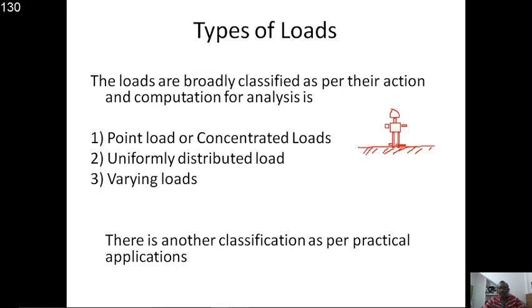Let us say he is a 50 kg person, and that has to be converted into force. This person has a mass of 50 kg. In terms of weight, it is converted into newtons. Assuming acceleration due to gravity as 10, this person's force is equivalent to 500 newtons.